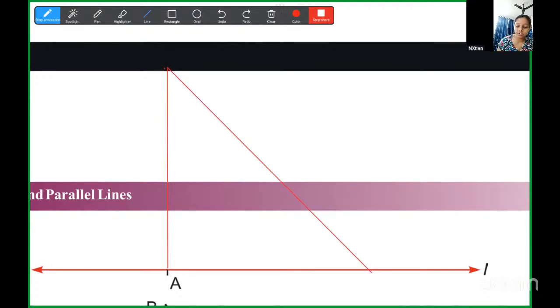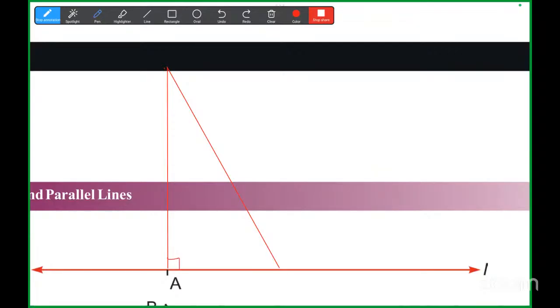The corner angle of your set square is 90 degrees. So place it on your A point like this, Joshua. Done, ma'am.